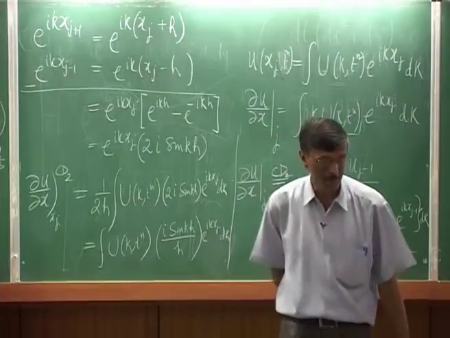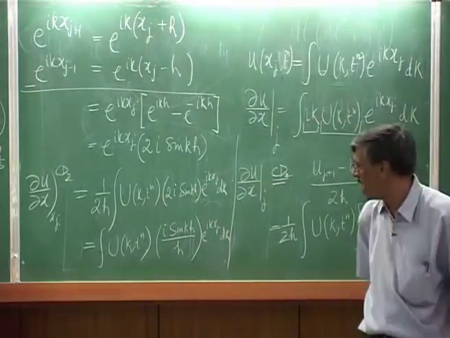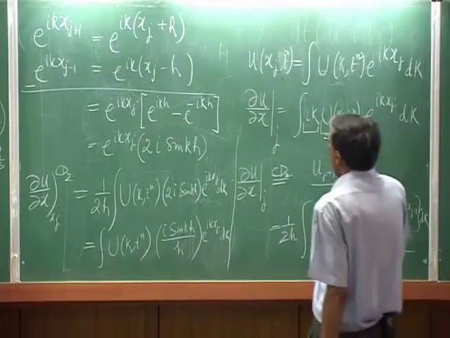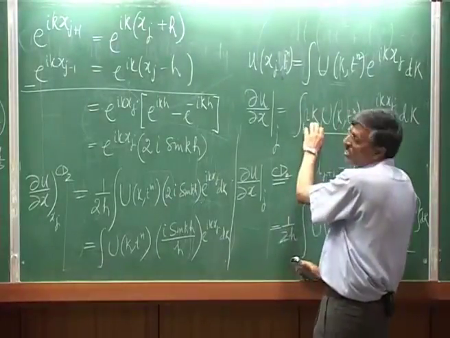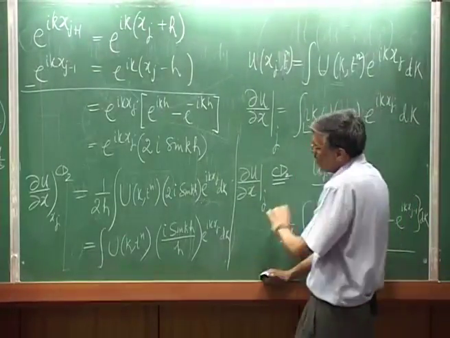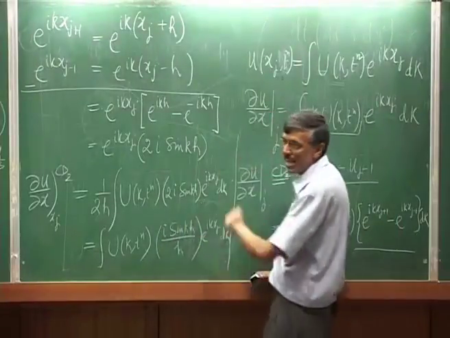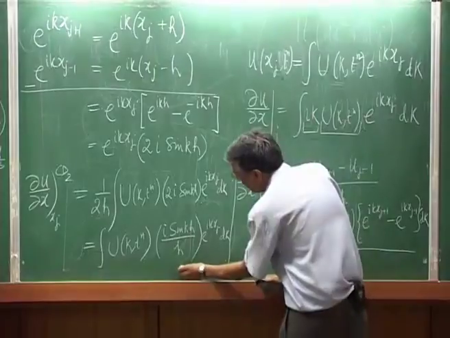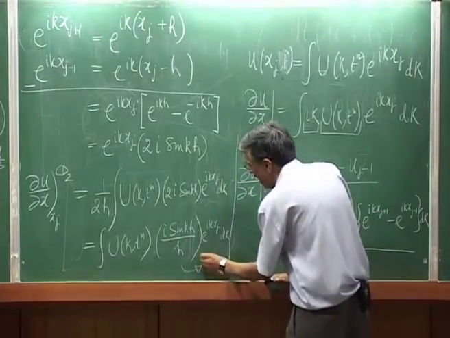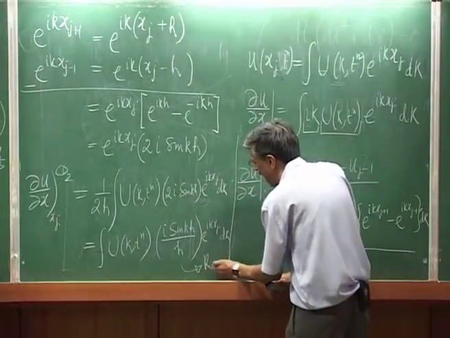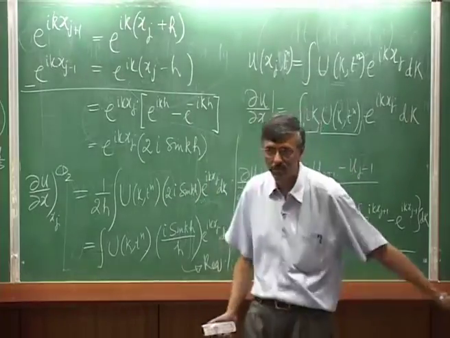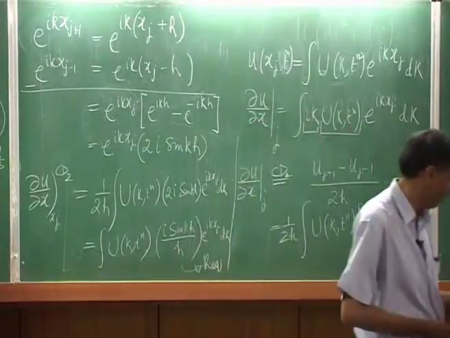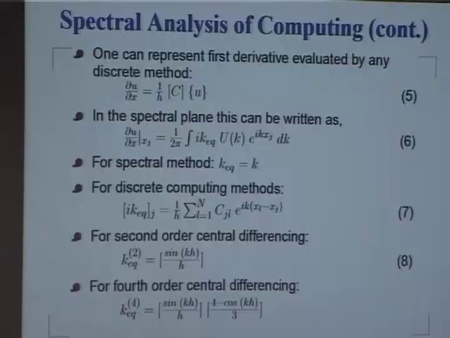So, what actually has happened by discrete computing is that I did not multiply the Fourier component by ik, instead I multiplied by i sin kh by h. This quantity, which is different from k, I will call k equivalent. That is what you are seeing here.